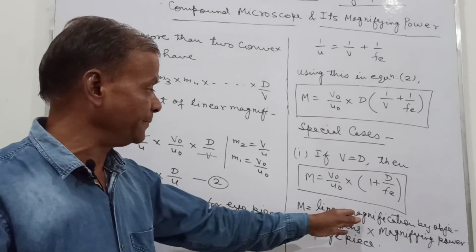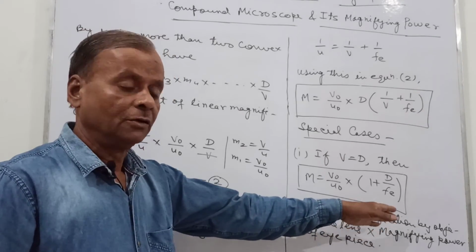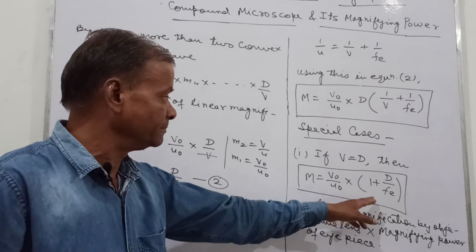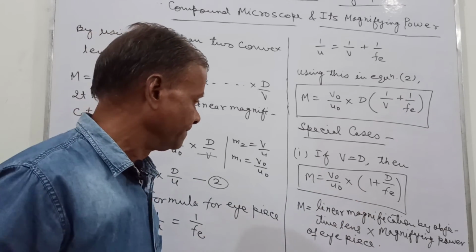So if you know the linear magnification produced by the objective lens and the magnifying power of the eyepiece, then you can write this relation.